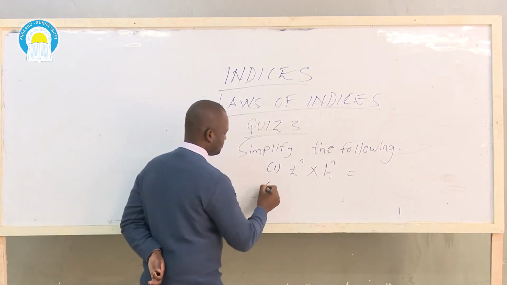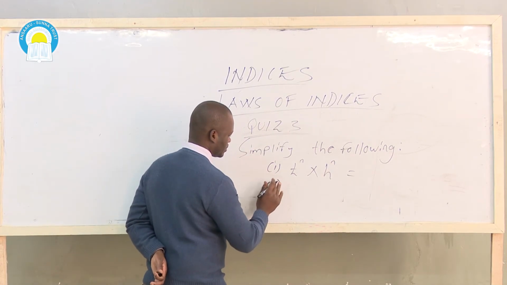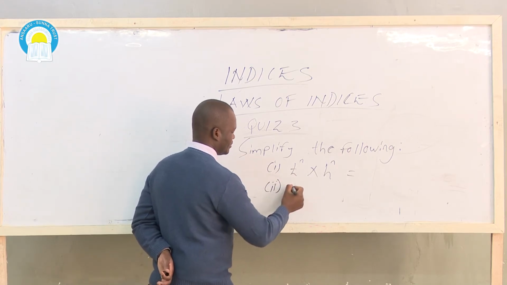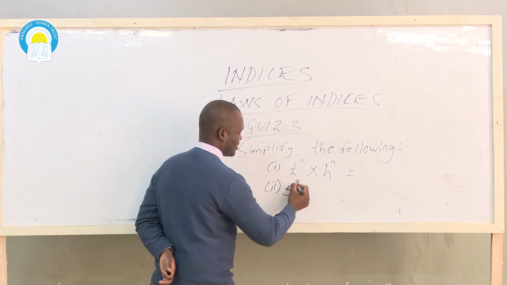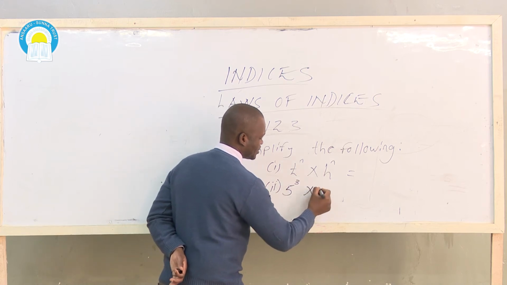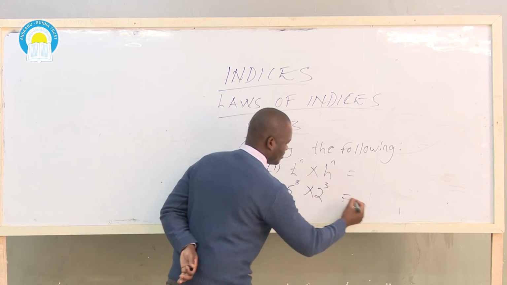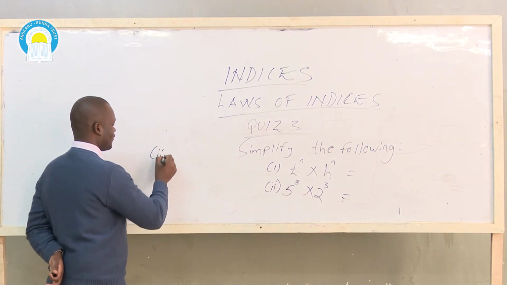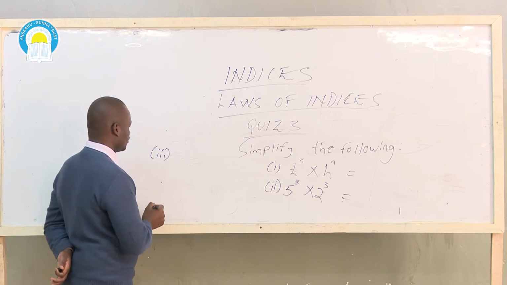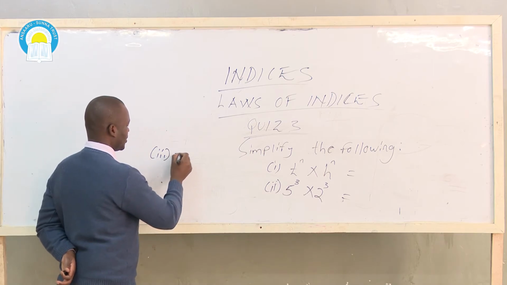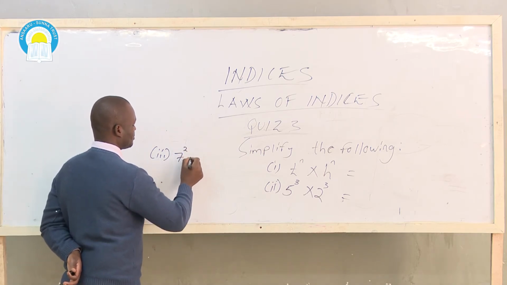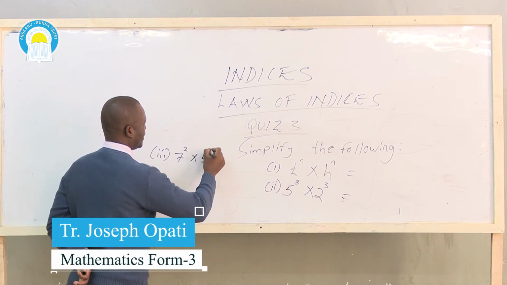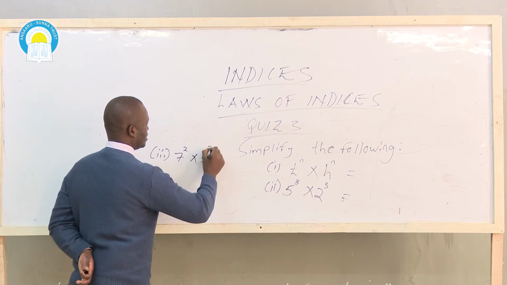Roman 2, we have 5 power 3 times 2 power 3, and maybe Roman 3, in regard to this third law, we have 7 power 2 times 5 power 2.